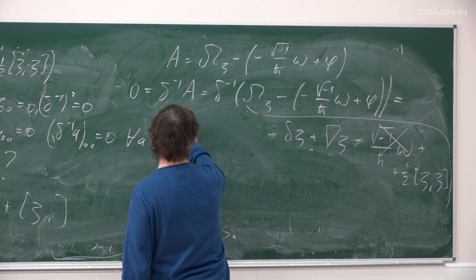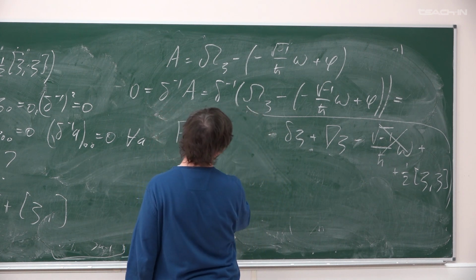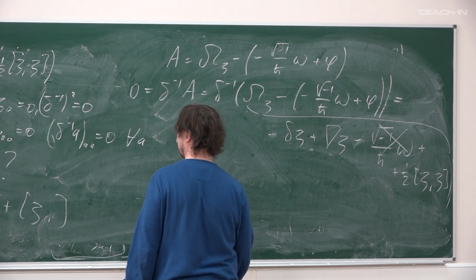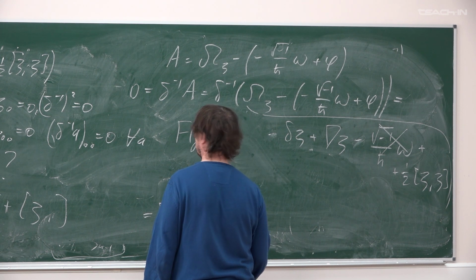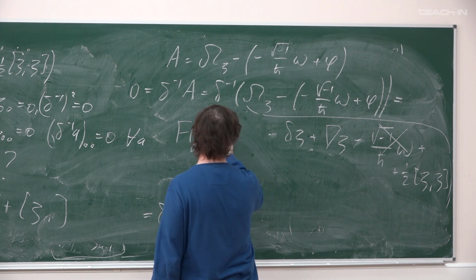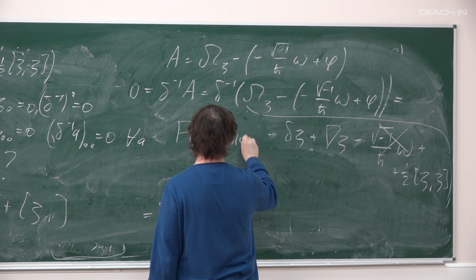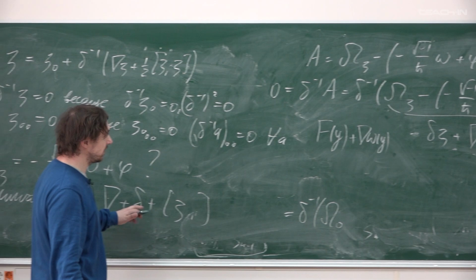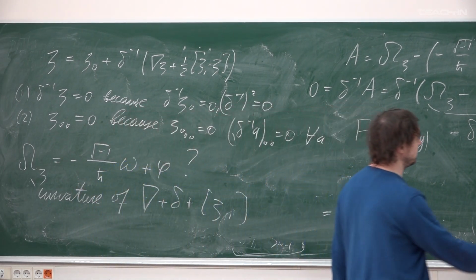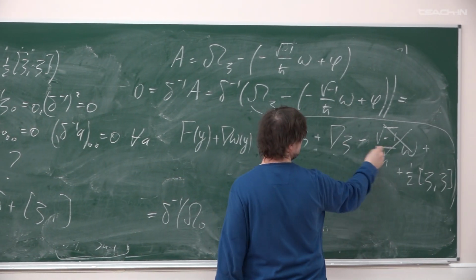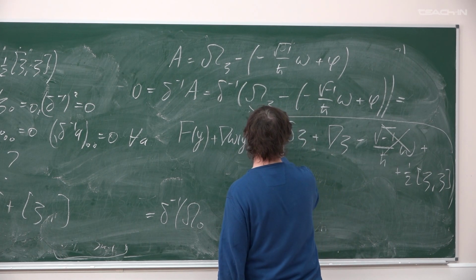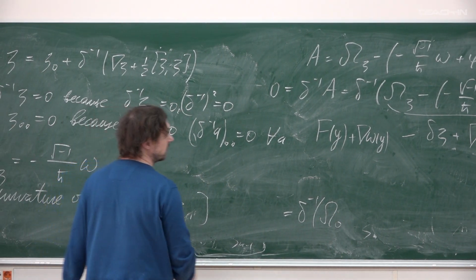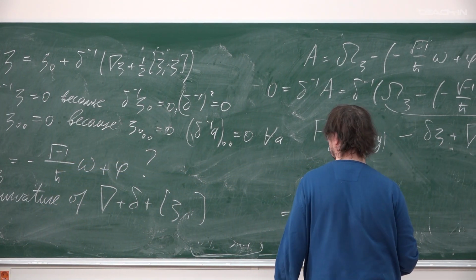So when we get Fy, right? This comes from this. And we also have nabla omega y. That comes from the commutator of this and this. This element gives us this term. This element, this and this, gives you this term, right?